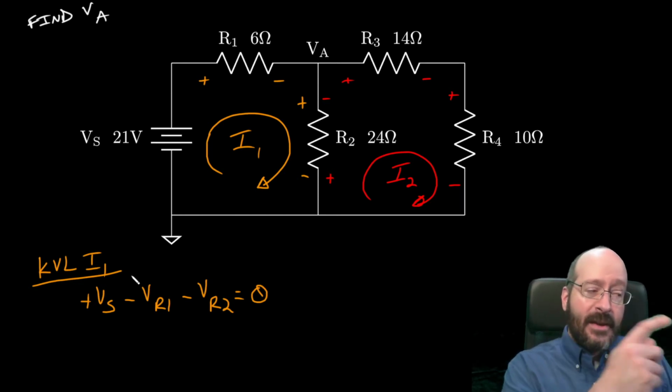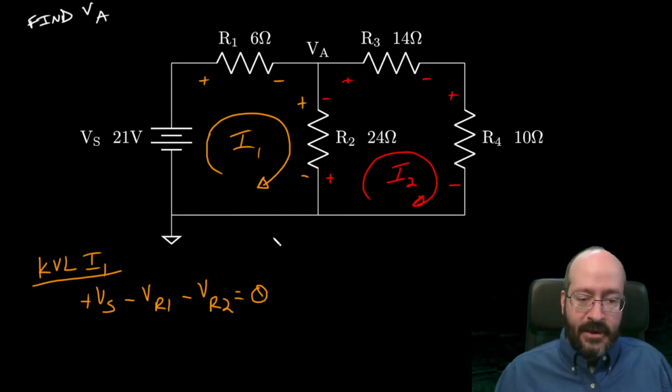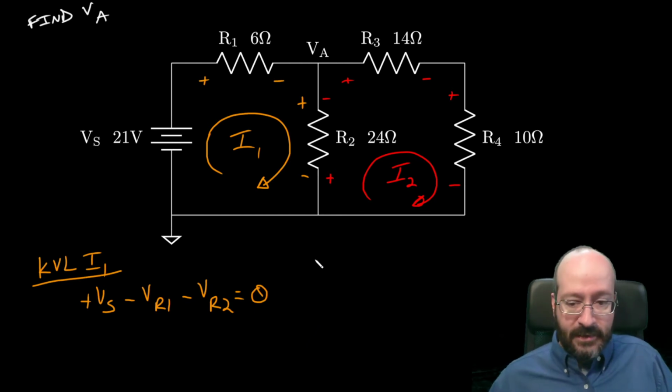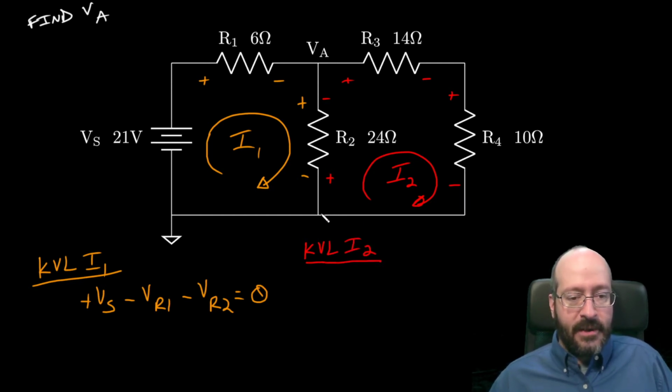Let's do the same thing for I2. So we're going to write a KVL around I2. Okay, I'm going to start here, and I'm going to work my way around clockwise. So moving from the bottom to the top of R2, it's going to be a drop, right?